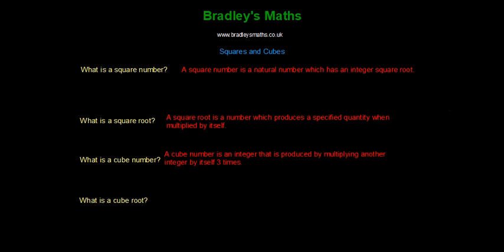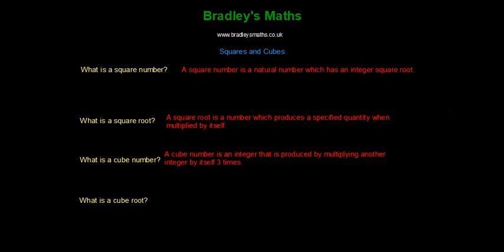Slight difference here, because if we take the number -2 and multiply it by itself 3 times, we get -2 times -2 is +4, and -2 times +4 is -8. So -8 is a cube number, because it's produced by multiplying -2 by itself 3 times.